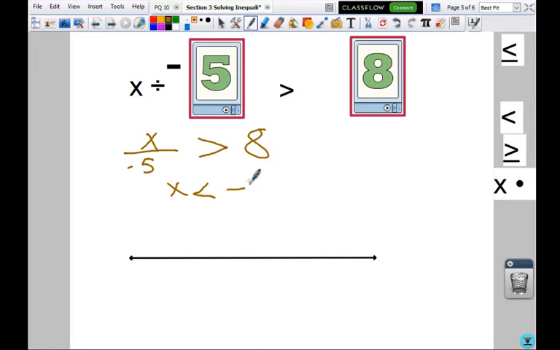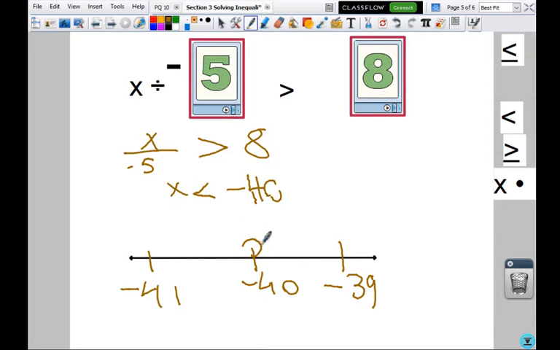Alright, Allison's doing this one on the board for us. And so she multiplied by negative 5 and she got negative 40.